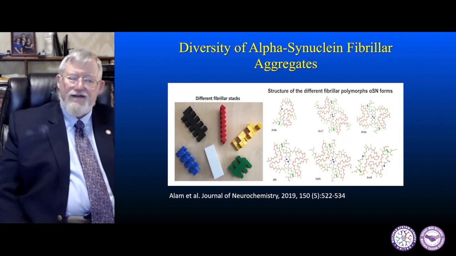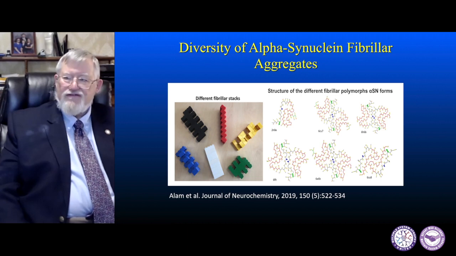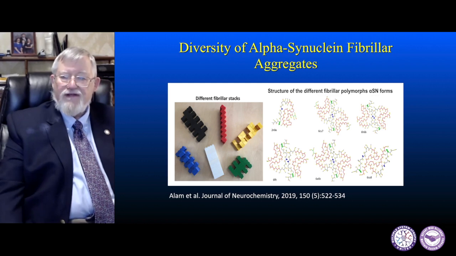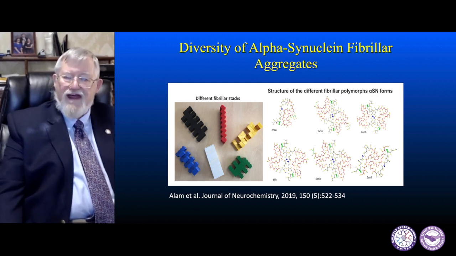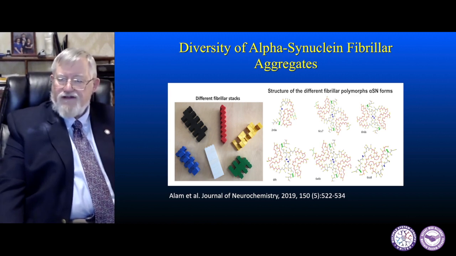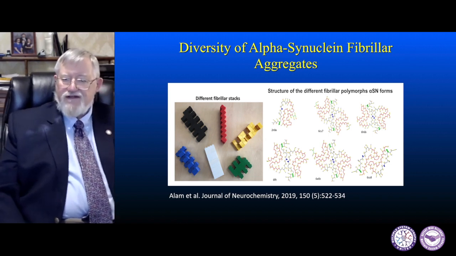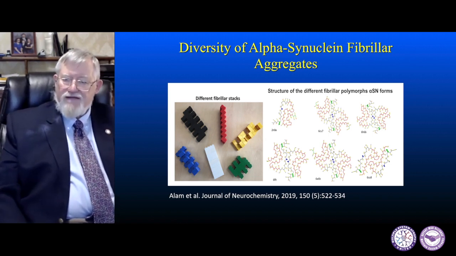So this is another slide sort of related to the one I showed you early with the geometric shapes. Now we're using Lego blocks over here to show different ways that subunits can aggregate to form different types of aggregates. And over here again, we have a diagram of the amino acid chain that makes up a molecule of alpha-synuclein.